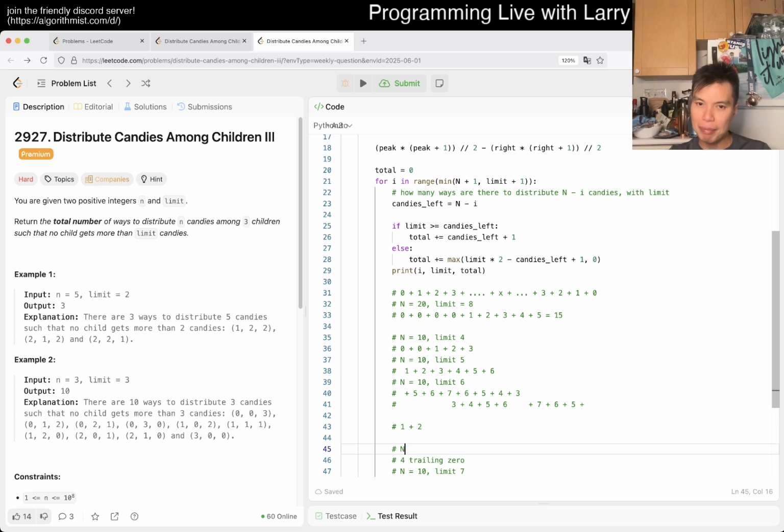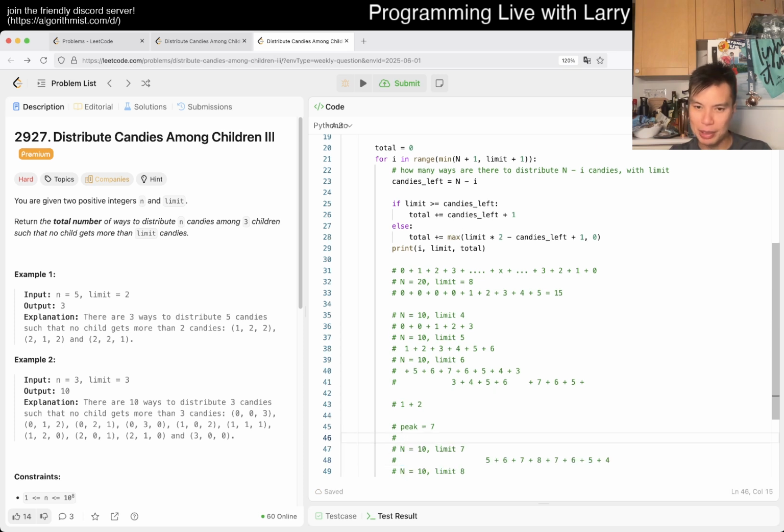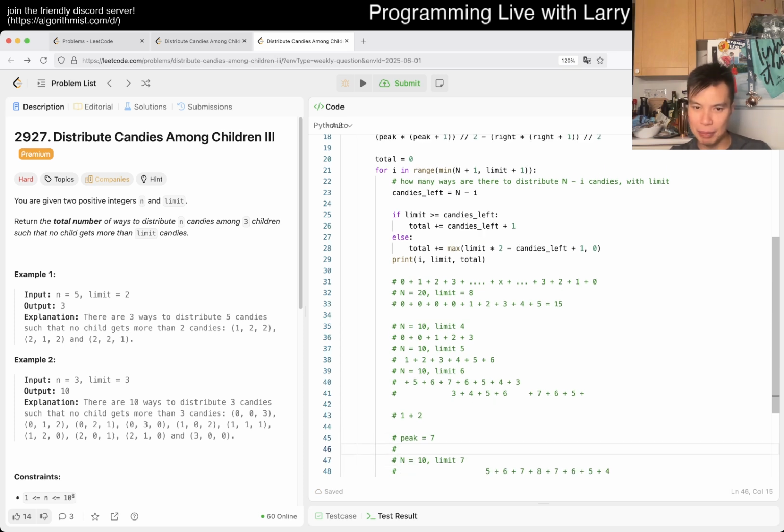So n minus, okay, so peak is equal to 7, right? We want to do 4 more numbers for the terms. So that means it's going to be n minus limit terms after the peak. So that's going to be peak minus 1 minus n minus limit, right?